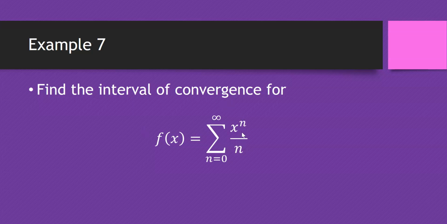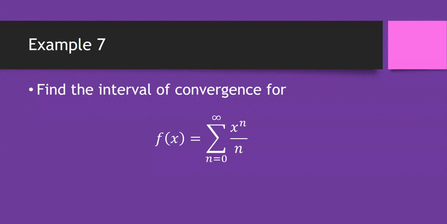So we already found the interval of convergence for this one earlier. If you remember, the interval of convergence went from -1 to 1. So x between -1 and 1. And at the endpoints, the -1 converged, but the +1 diverged. Well, if we were going to multiply by an n here, if we're going to take the derivative, the interval of convergence would still be from -1 to 1, but it turns out that both endpoints would diverge.